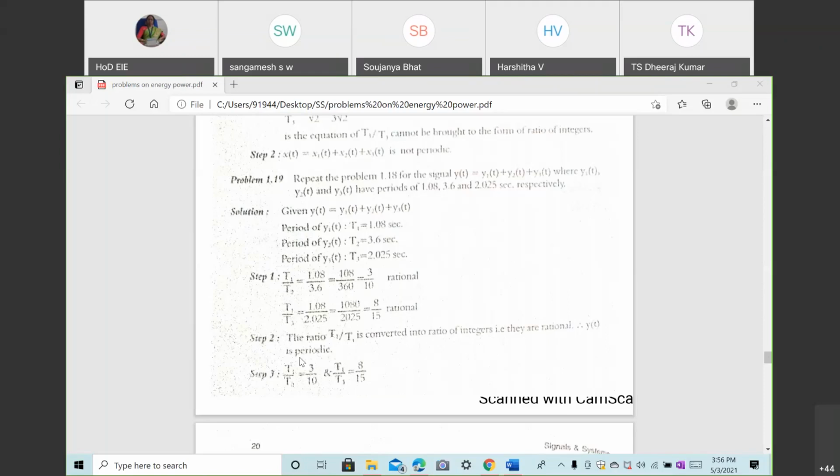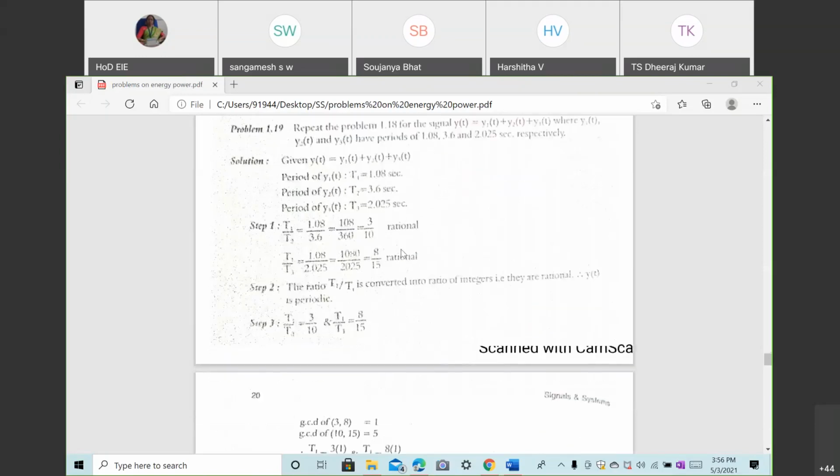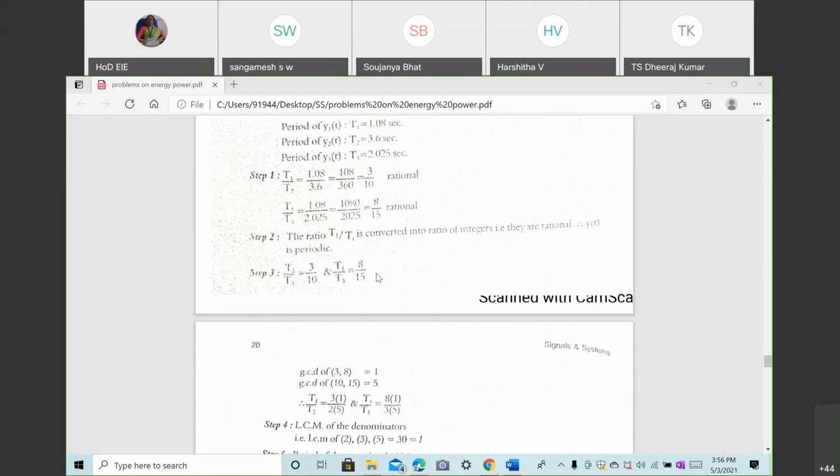And also they have done T1 by T2 we got 3 by 10, and another one T1 by T3 we got 8 by 15. Then GCD of 3 and 8, it is 1. GCD of 10 and 15 we get 5.